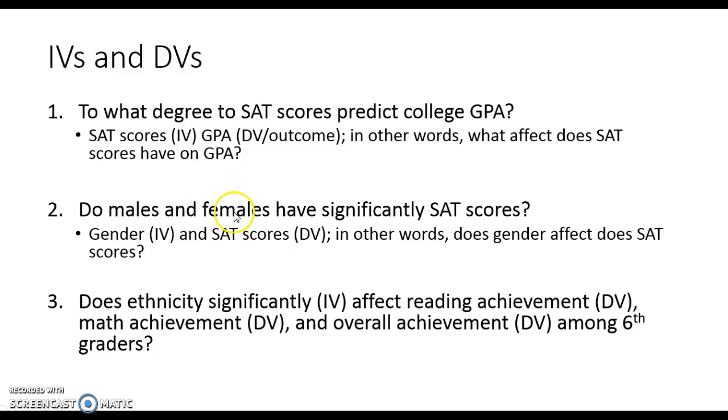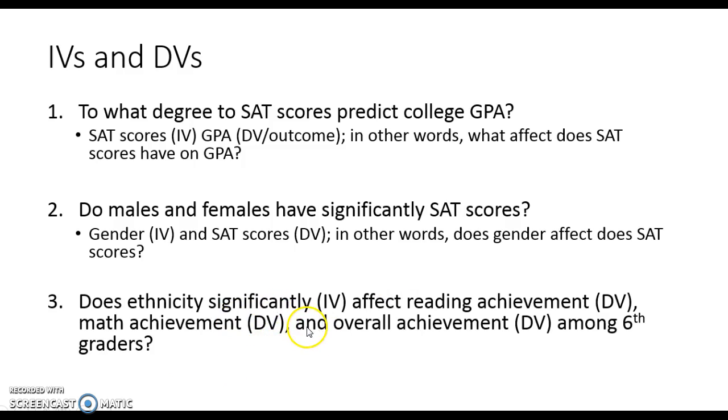It's males and females, so that is actually just one variable, gender, but we will break it apart into 2 categories, or a nominal independent variable. And then the other one is the SAT scores again, and that's our outcome variable in this case, okay?